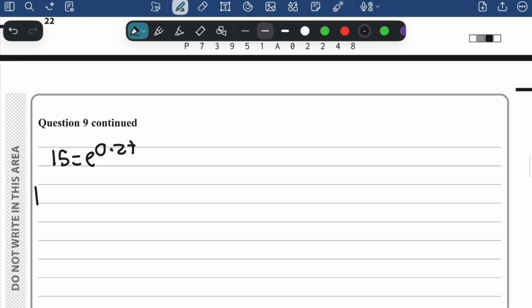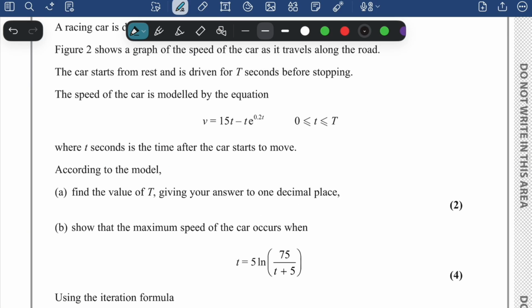Then taking lns of both sides to remove the e. Then dividing by 0.2. We get t is 13.5 to 1 decimal place.